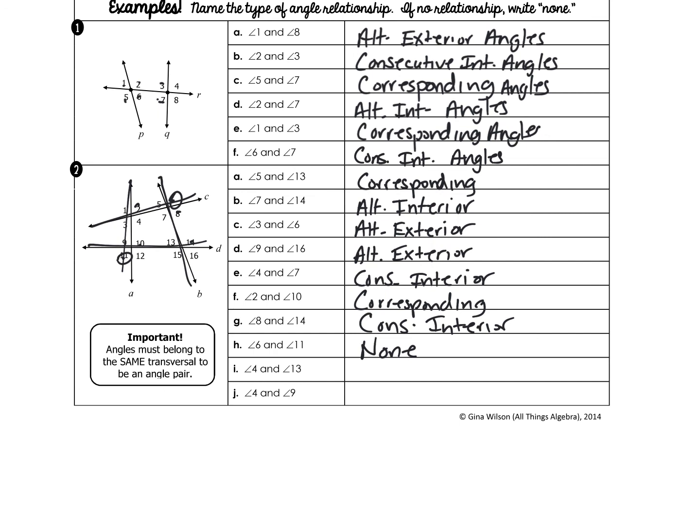And so if they're on different transversals, then they don't have any relationships, okay? They have to be on the same transversal to have a relationship. All right, letter I, 4 and 13, same situation. Different transversals, so they're no relationship. And then 4 and 9, that's alternate interior.